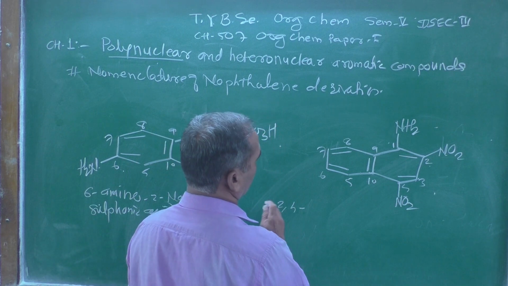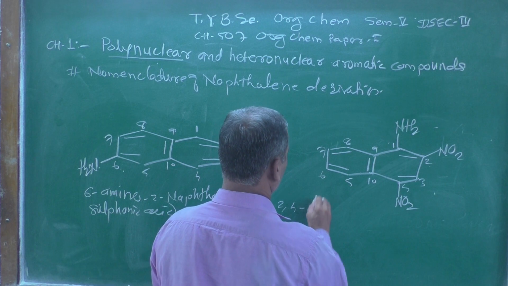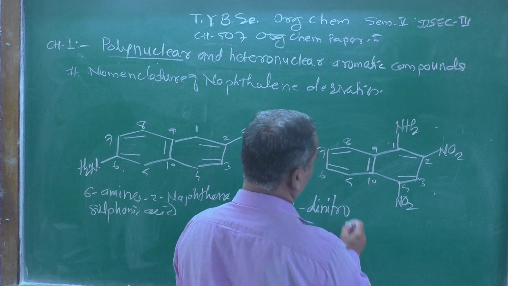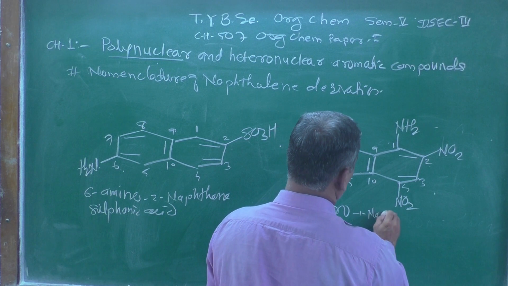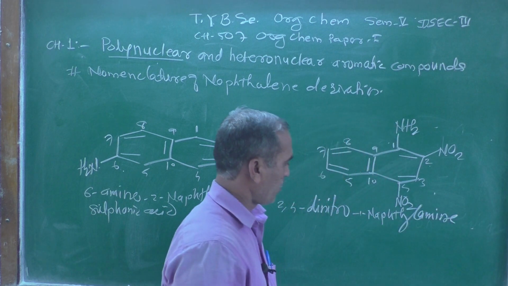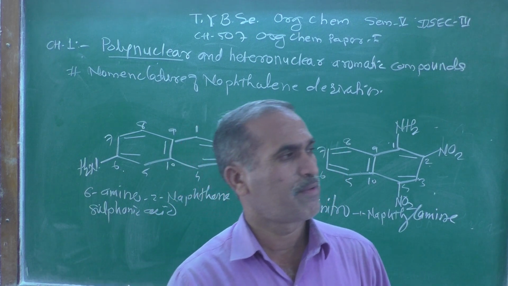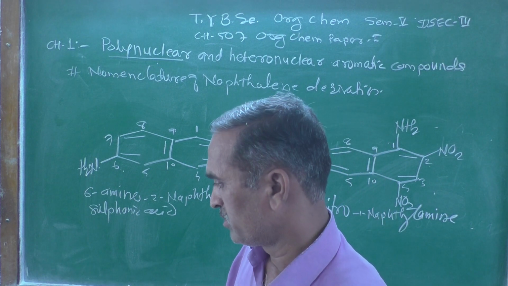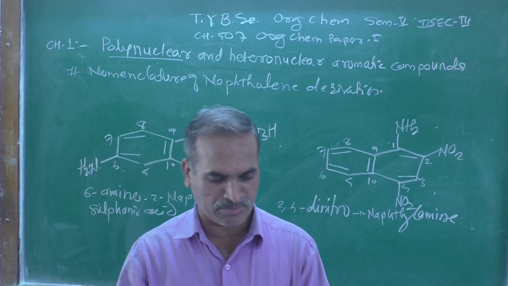So here 2,4-dinitro, 2,4-dinitro-1-naphthylamine, that is the name of this compound. So these are the different compounds we have seen here, and how to give the IUPAC name of those compounds.